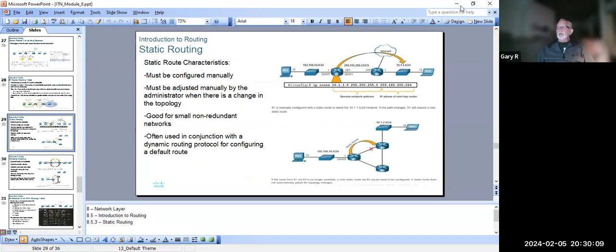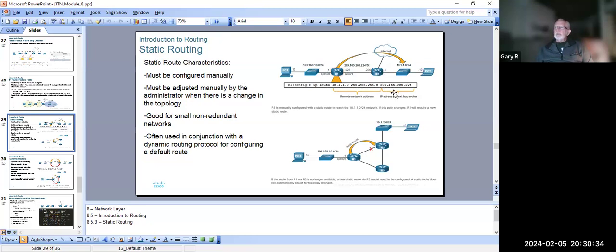Now, static routing is where you, as the administrator, configure that with a command. You see here the command in global config mode is ip route, and then you put in the destination network, the mask that goes with that destination network, and then the next hop router.